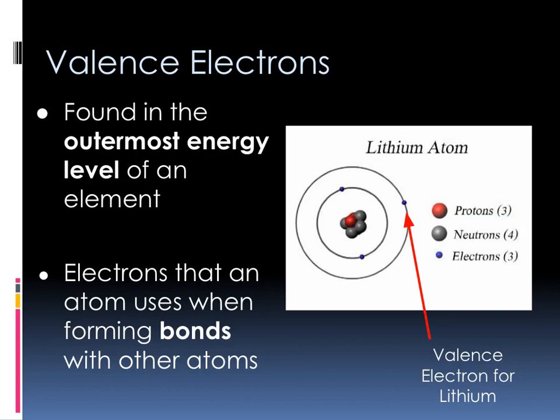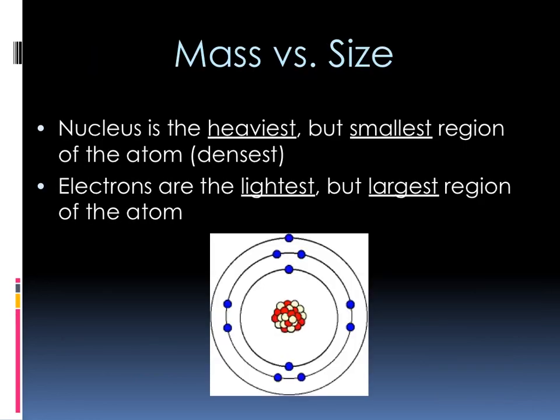Those are the ones that the atom is going to gain or lose. They're also the ones that it's going to use when it's bonding. So we'll be throwing that word out there. I wanted to make sure you understood the vocabulary term because I will be using it periodically. And this diagram is pointing to the valence electron for lithium, which is the one on the outermost ring.